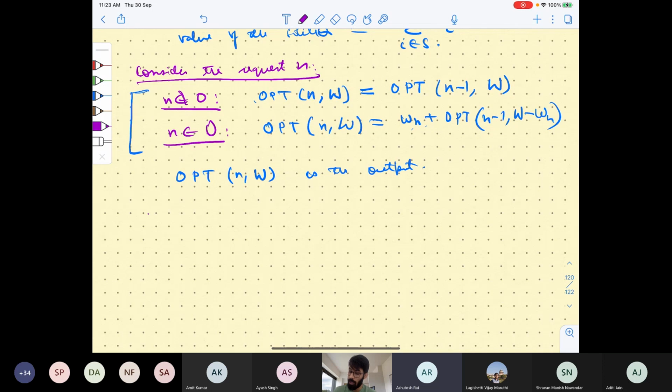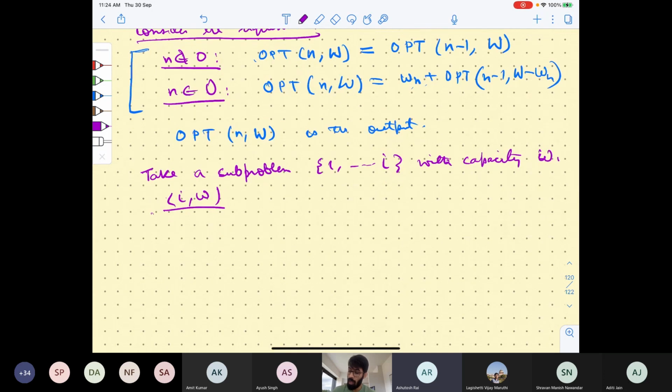Take a general subproblem, 1 to i with capacity, or weight, W, that is i comma W. Now I want to write a recurrence for opt of i comma W.